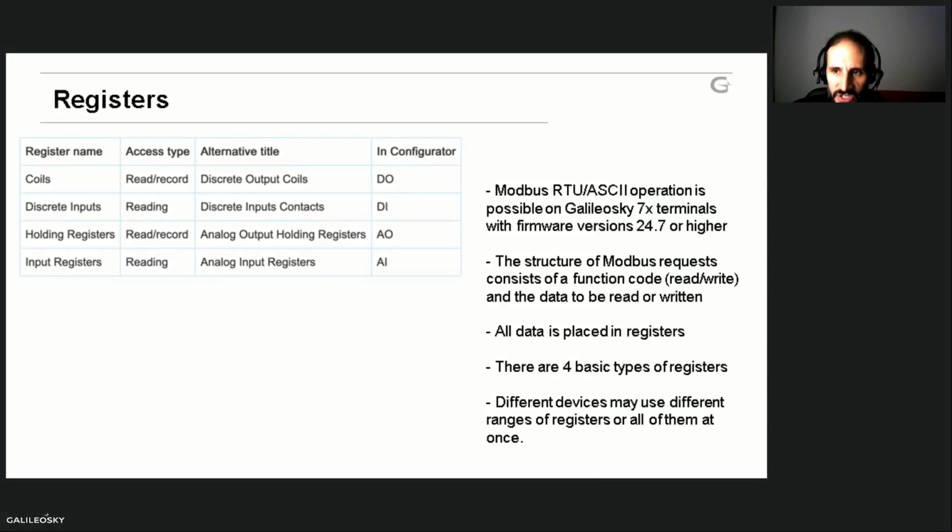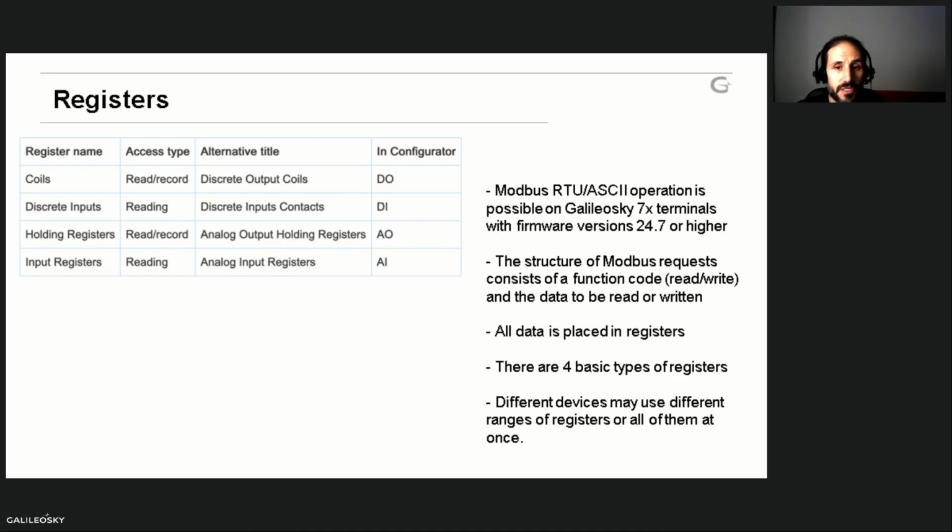Modbus works on registers, right? You have different kinds of registers to which you can ask the slave to answer. The first of them, coils, is just bit registers in which you receive whether the coil is open or closed, just 0 or 1.